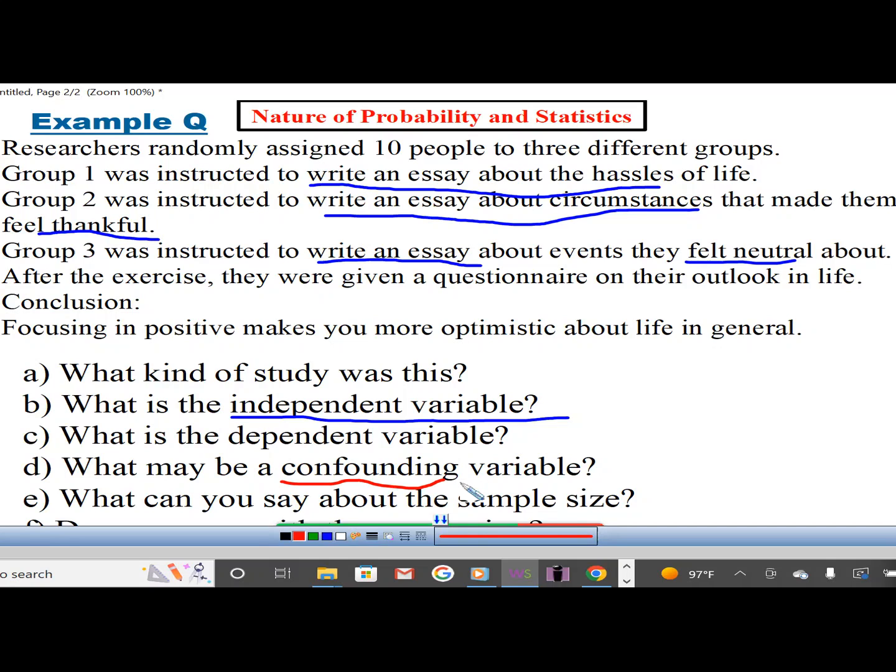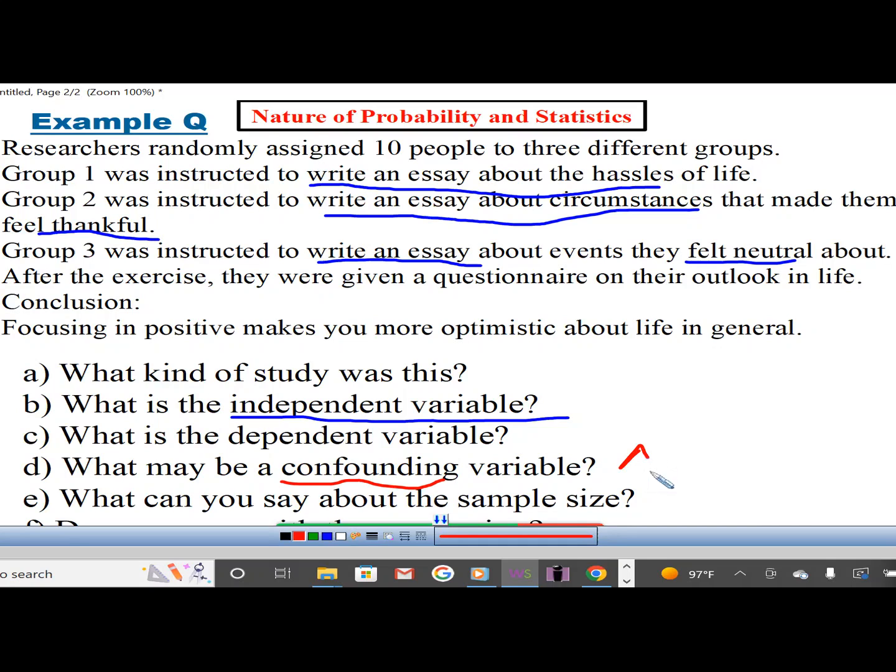The what? I'm sorry? I can't hear. Essay? No. That's the independent. Marco? Outlook? The person's outlook?